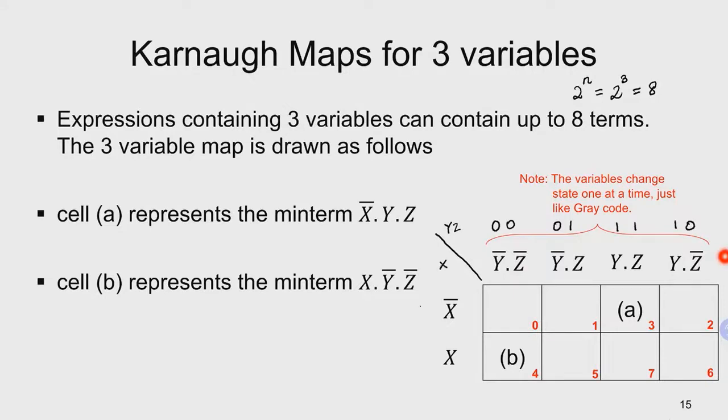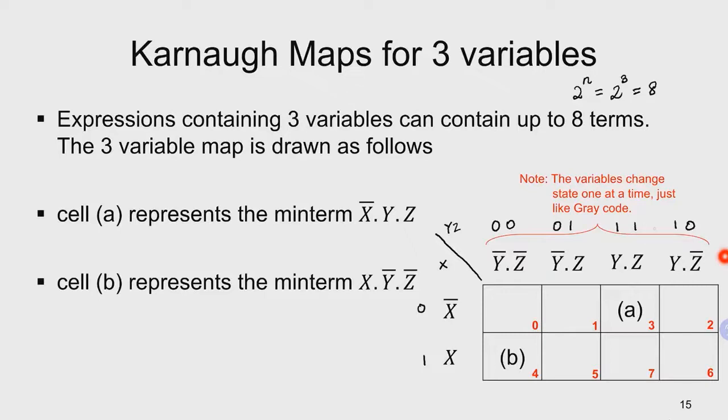For the variable x, let's go from 0, 1. If you look from left to right, going from 0, 0 to 0, 1, only z changes from 0 to 1. Then from 0, 1 to 1, 1, z stays the same and y changes from 0 to 1, or y bar to y. Then from 1, 1 to 1, 0, z is the one that changed, y stayed the same, so z changed from 1 to 0.